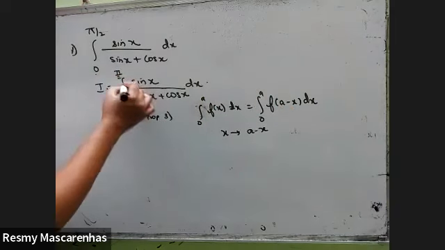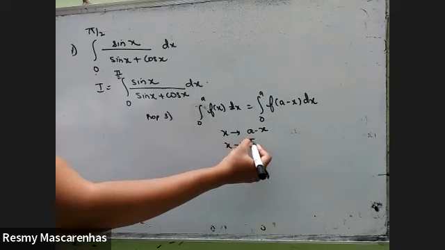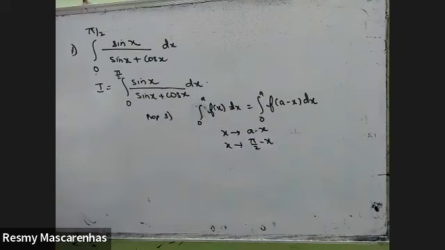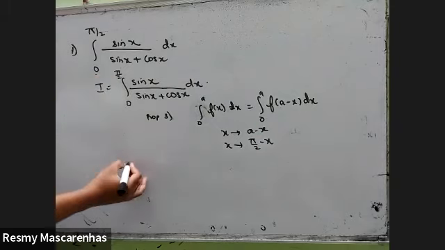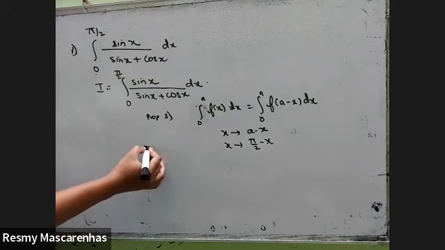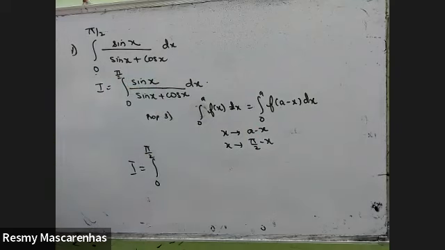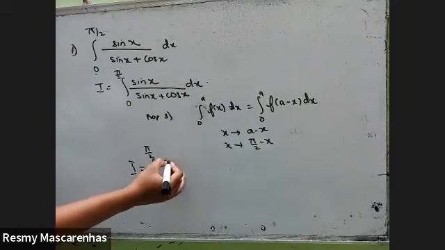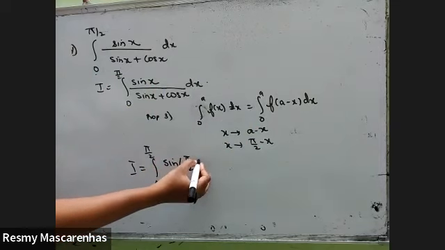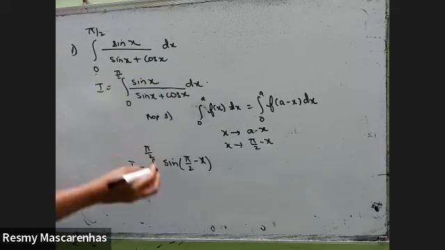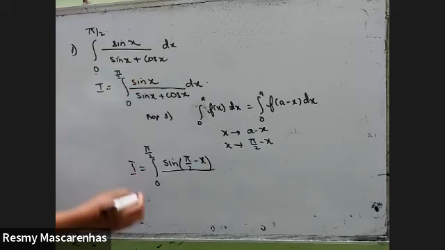So what I'll do, instead of this, x can be replaced by pi by 2 minus x for this problem. The value of a is pi by 2. I'm not doing substitution as such, I'm just replacing it as per the property. You don't have to differentiate anything. So in the entire integral, wherever there is x, just replace it by pi by 2 minus x.